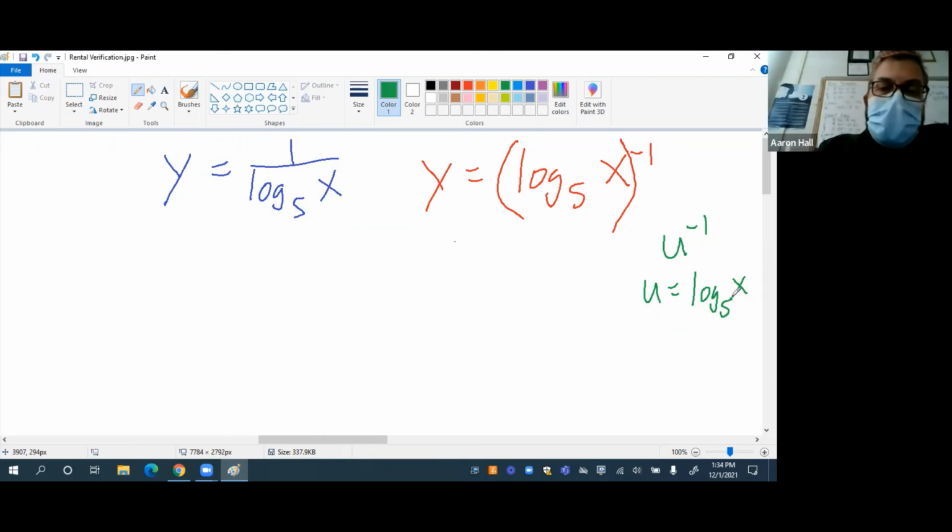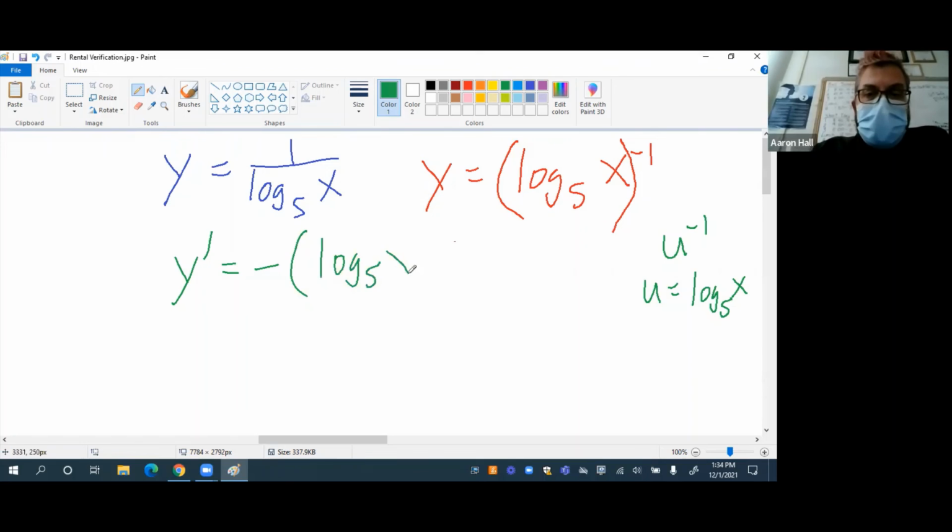So for the outside function, y prime is negative u, which would be log base 5 of x to the power of negative 2. Yep. Don't we just multiply by the derivative of the inside function?